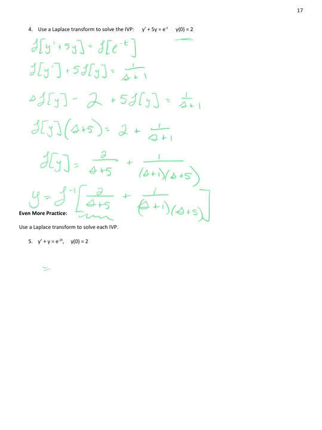This is going to be 2 times the inverse Laplace of 1 over s plus 5 plus the inverse Laplace of 1/4 over s plus 1 plus negative 1/4 over s plus 5.